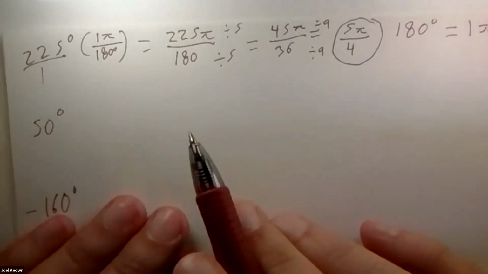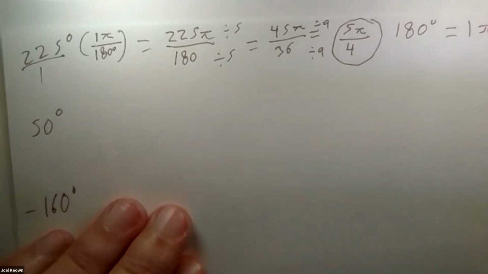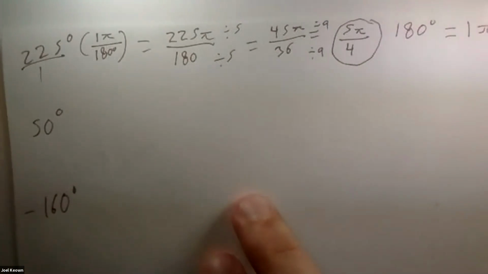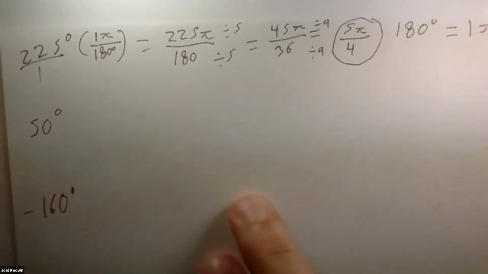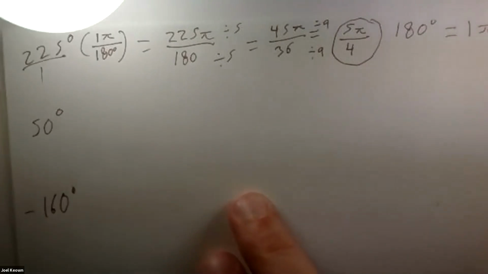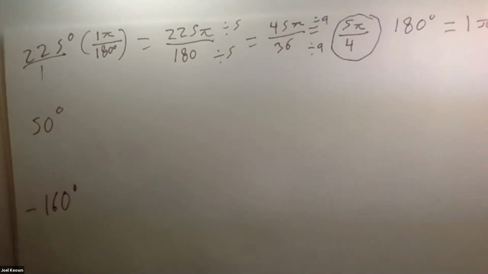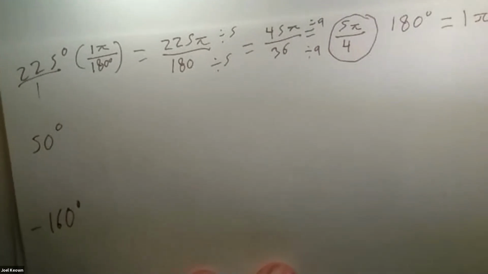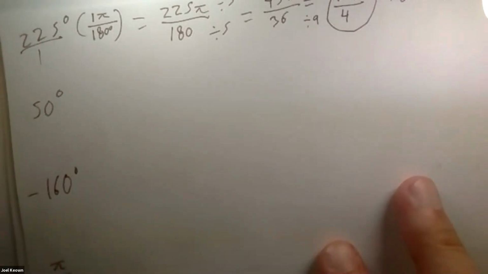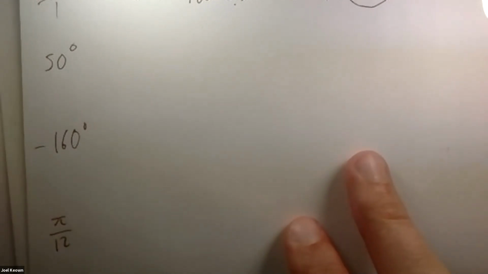All right. Let's move on to the next one. Trying to adjust my lamp so you can see a little better. All right, that's even better now. 50 degrees. You're going to do exactly the same thing.